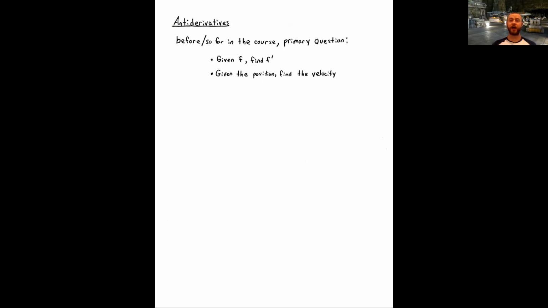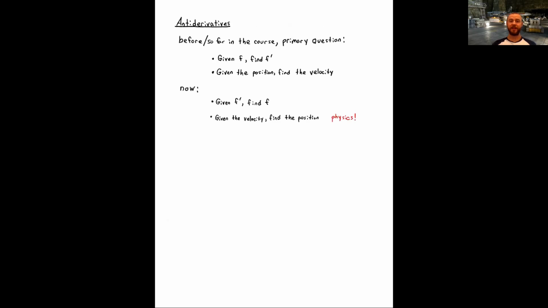How we're going to approach this topic of antiderivatives is basically switching this around, reversing the question. Instead of being given the function and asked to find the derivative, now we're going to be asked to go backwards: given the derivative, find the function that corresponds to that.